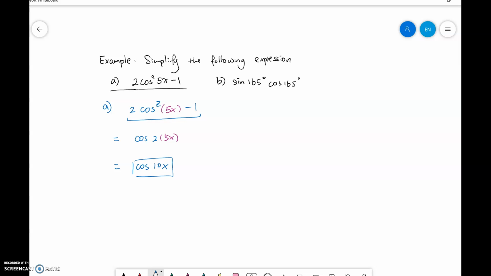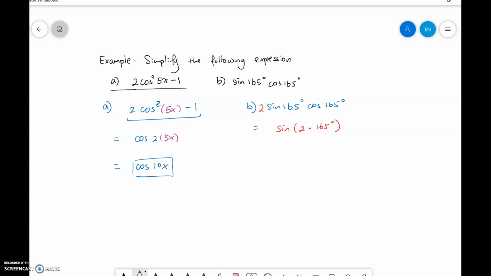For the second one, B, we have sine of 165 degrees times cosine of 165 degrees. If we have a 2 in front of the sine of 165 times cosine of 165, what we will get is the sine of 2 times the 165 degrees.